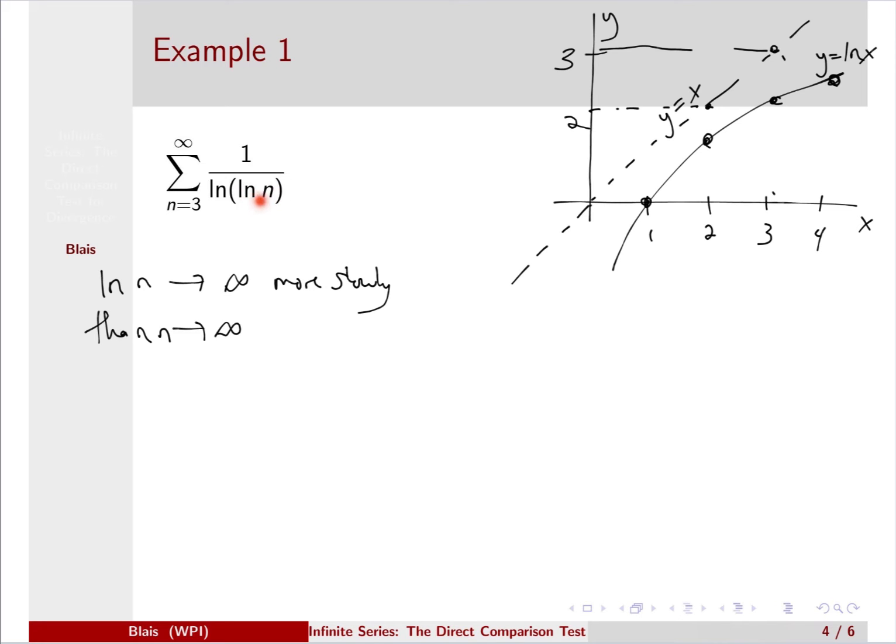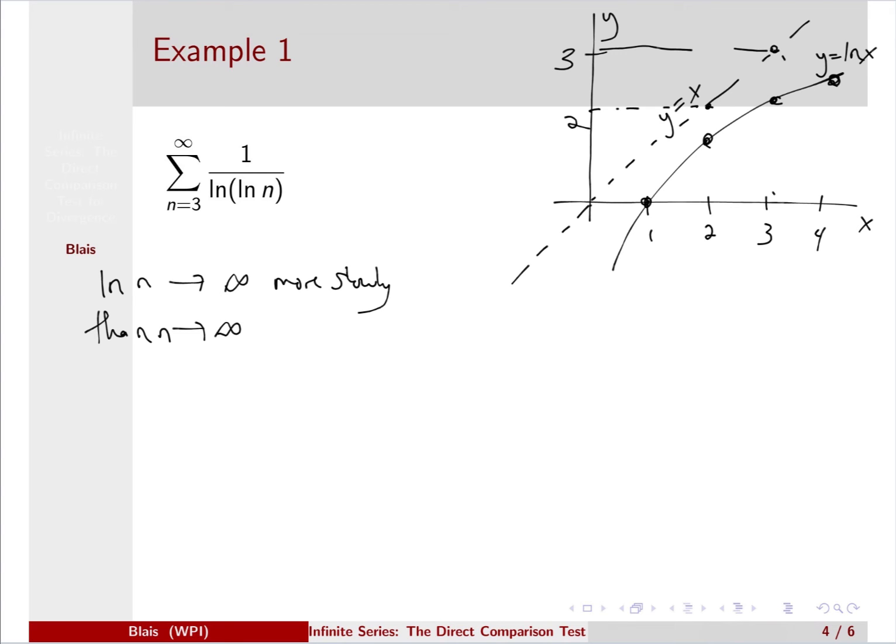Well, that means we have a denominator. This natural log term is going to infinity very slowly. Natural log of it will actually slow it down even more. So we have a denominator that's really taking its time going to infinity. If the denominator is going to infinity slowly, the fraction itself is going to 0 slowly.